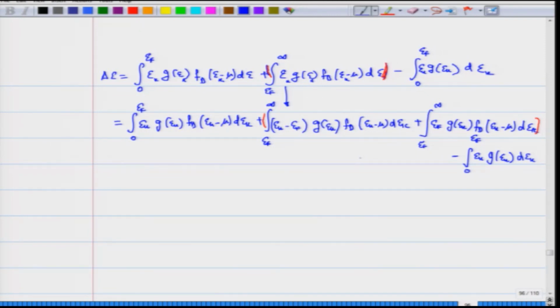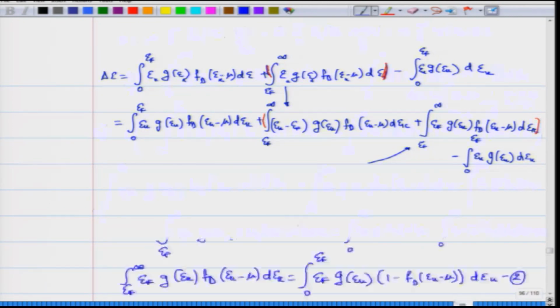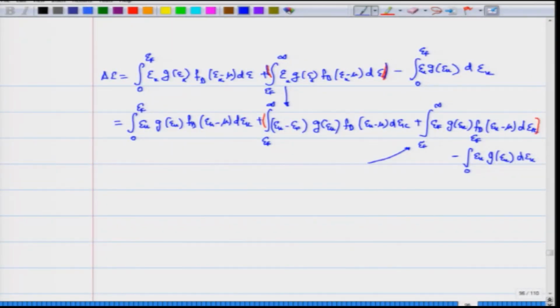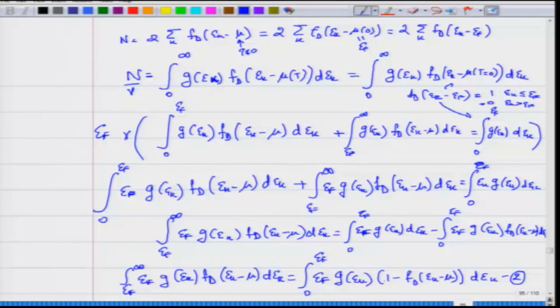And now for this I will substitute the expression which I have got earlier, for the integral of EF G(Ek) F_D dEk from EF to infinity, from equation 2, which you already have.